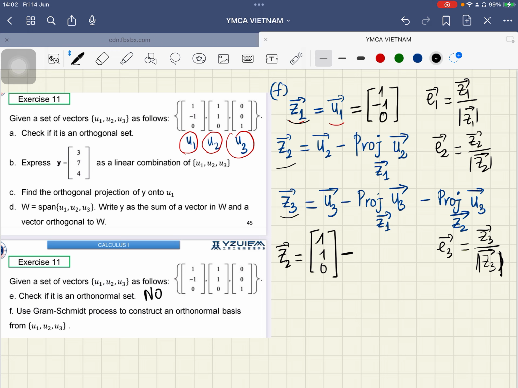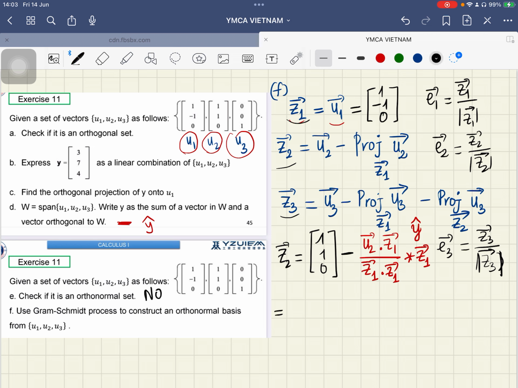So we have is equal to the dot product of U2 and Z1 divided by the dot product of Z1 and Z1, multiplied by Z1. This one calculates the y-hat like question D, the projection of U2 onto Z1.